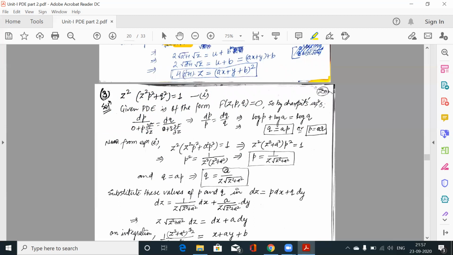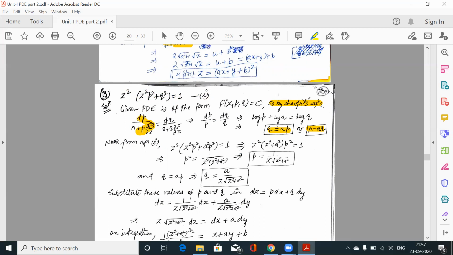Otherwise there is no necessity; this step is not mandatory. You can directly write, using the Charpit method, we get p is equal to aq or q is equal to ap. Here we have written it just to elaborate one possibility.